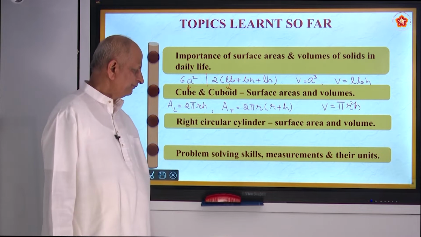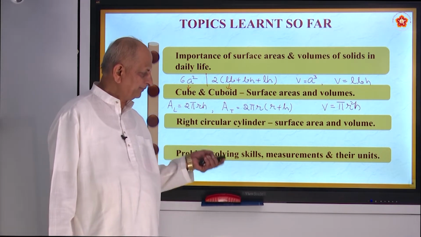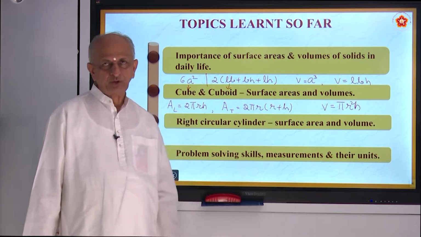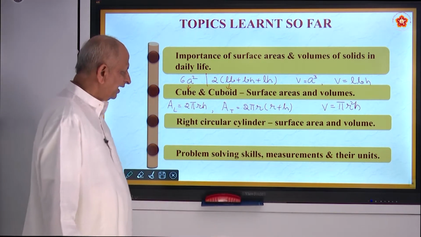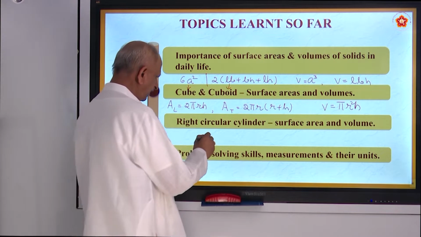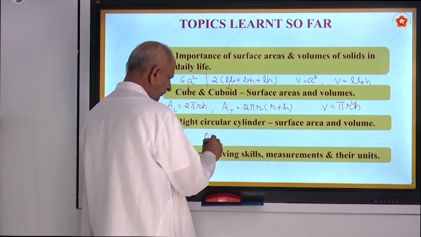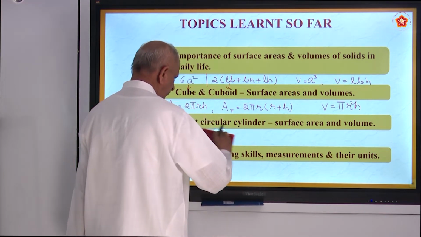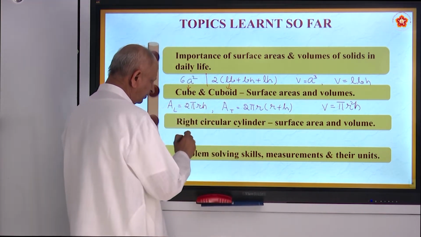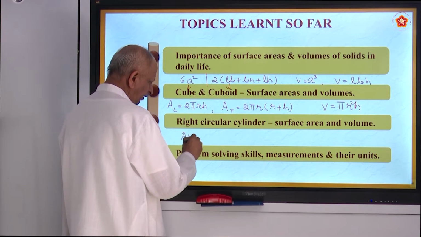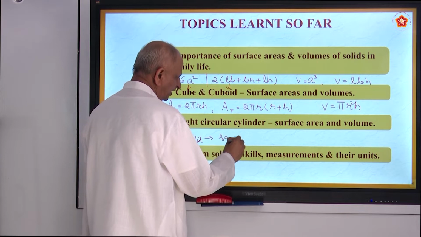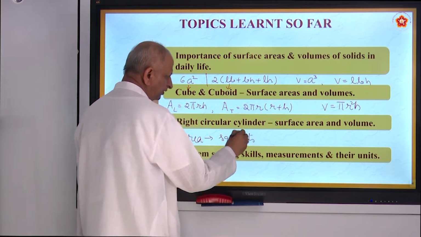Then we have worked out problems, and the units you have to use, measurements and the units. For areas we use square units. If it is centimeters, you write square centimeters.